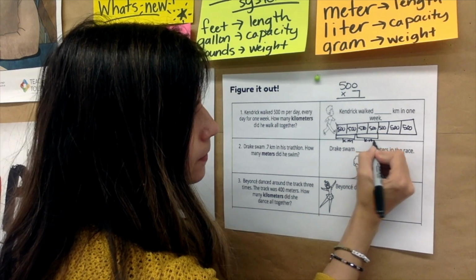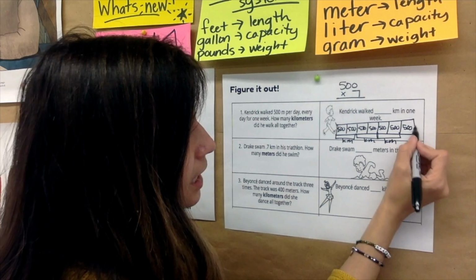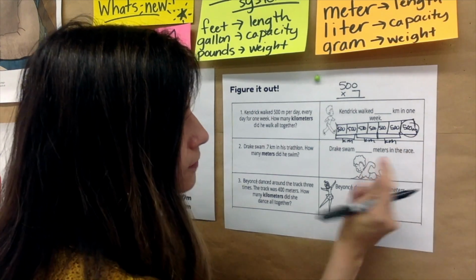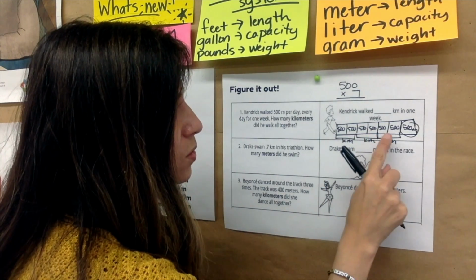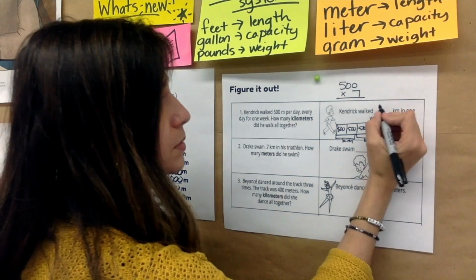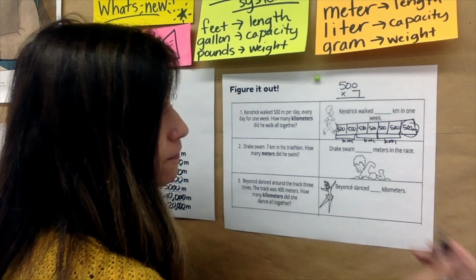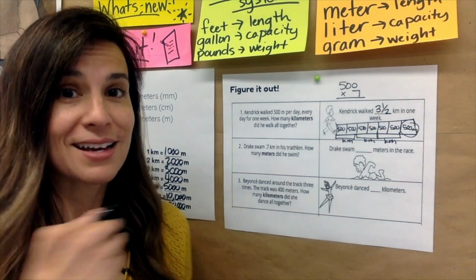Another kilometer, another kilometer, and then I have 500 meters left over. So let's go back and count how many that is. 1, 2, 3, and 500 meters. So that would be half of a kilometer. So I'm going to write 3 1/2 kilometers.